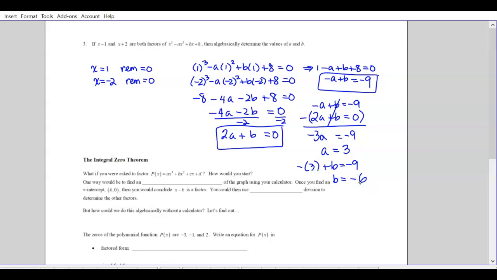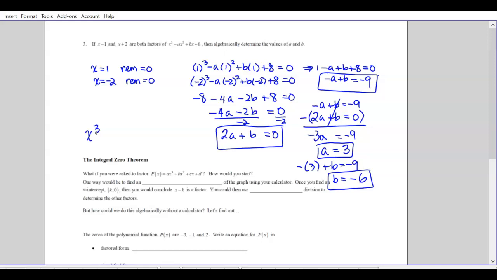Okay. So we found the values of a and b. So it's always a good idea. It didn't say to state the equation or the expression again, but I like to. I'm going to go over here because I ran out of space. Just rewrite it with those values substituted. So notice how it's minus a there.